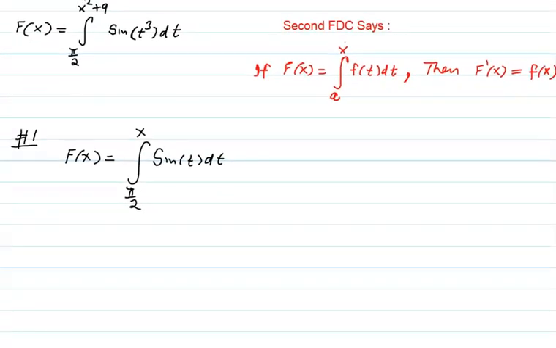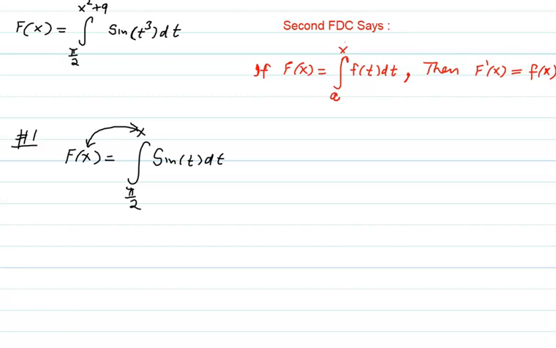Is the lower bound a constant? Yes, the lower bound is a constant, it's pi over 2. Is the upper bound a function of x or just x? Yes, the upper bound is an x, which is the same as this. These two things should match.